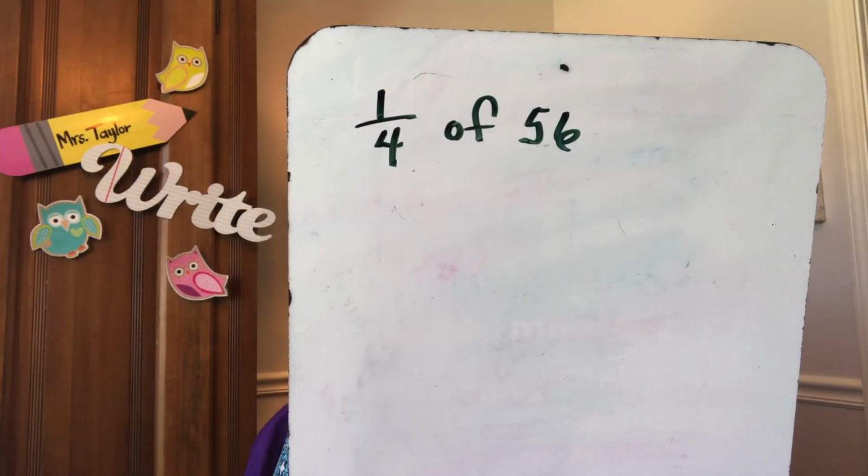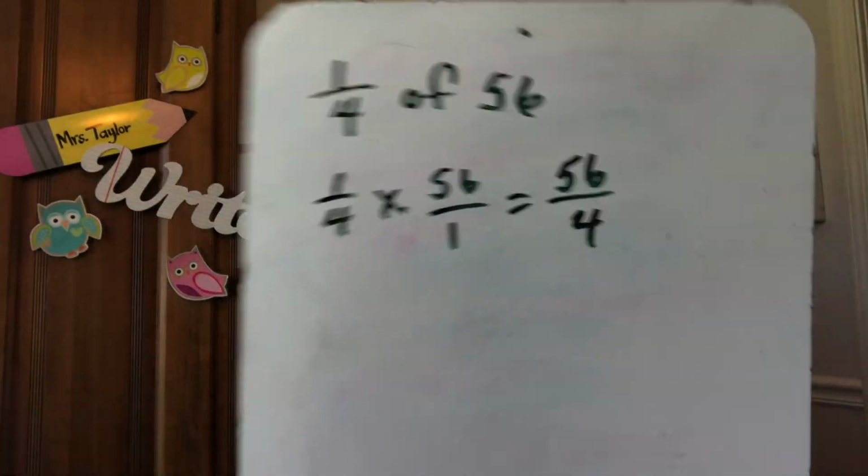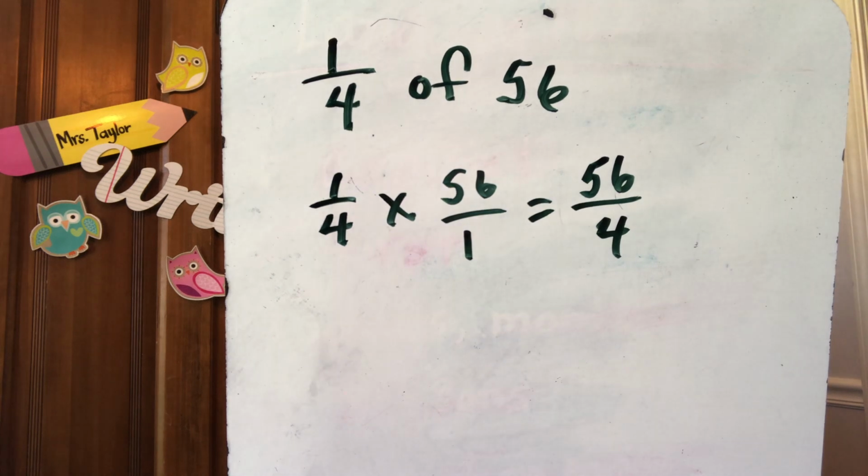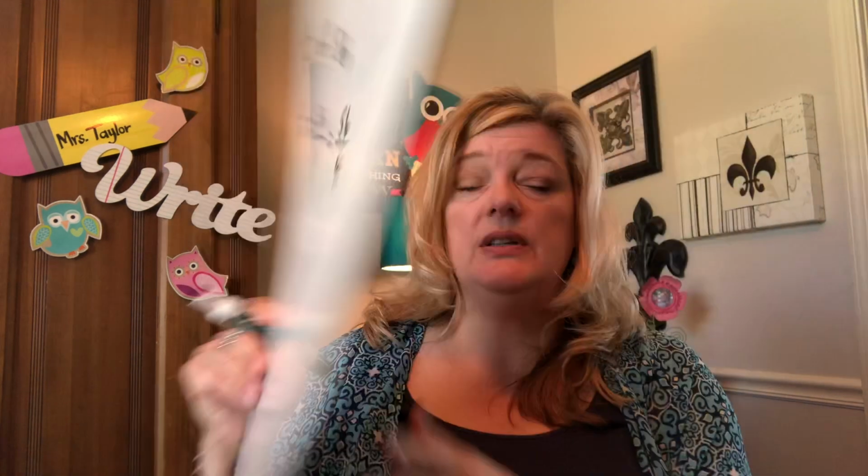We know of means multiply, so I'm going to say 1/4 times 56 over 1 is going to give me 56 over 4. Now that's going to give me my think cloud. 4 goes into 56 how many times?